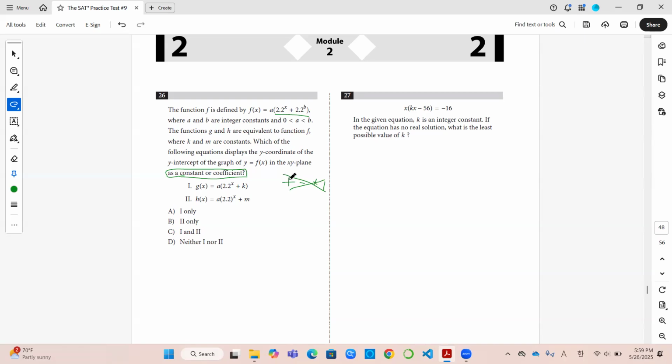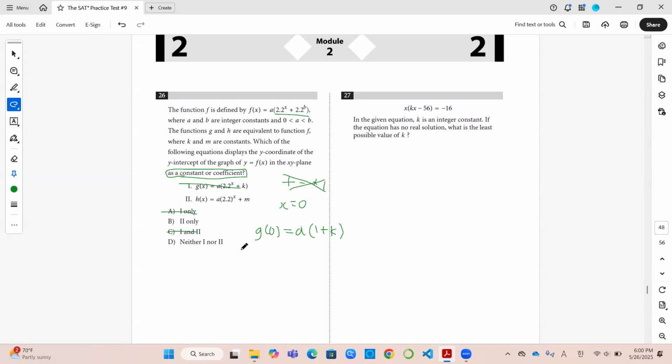When I say y-intercept, I'm trying to put x equal to 0. And if I put that here, it becomes a times 2 to the power of 0, which is 1, plus k. This is not represented as a coefficient, so 1 is wrong.